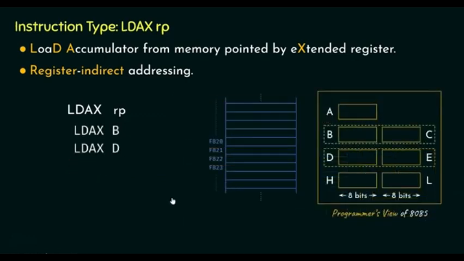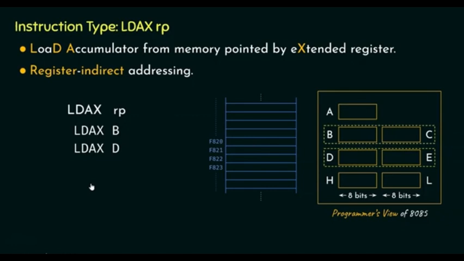So do remember, of the instruction type LDAX RP, there are two opcodes or two specific instructions, LDAX B and LDAX D. And both of them mean we are supposed to load the accumulator from the memory pointed by the extended registers. However, in order to execute this, we need to load the register pairs with the memory location first.